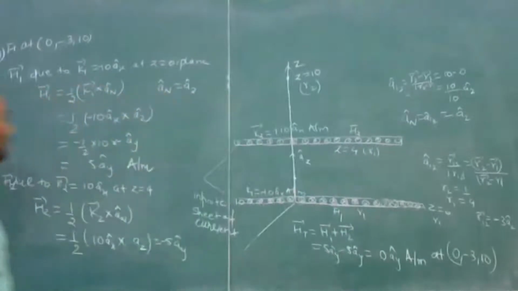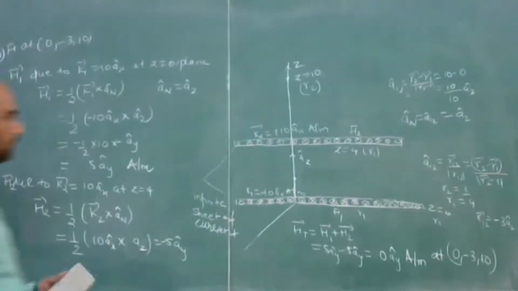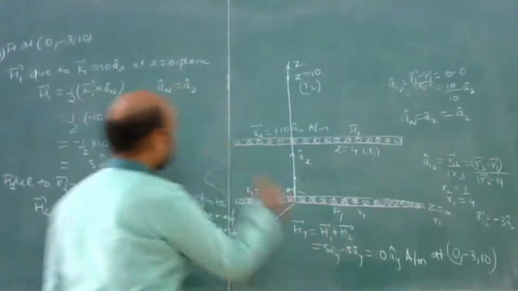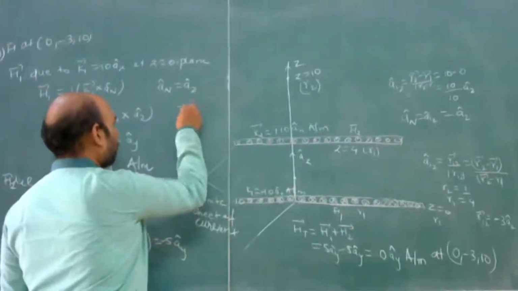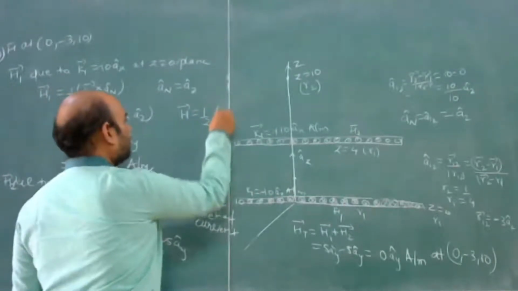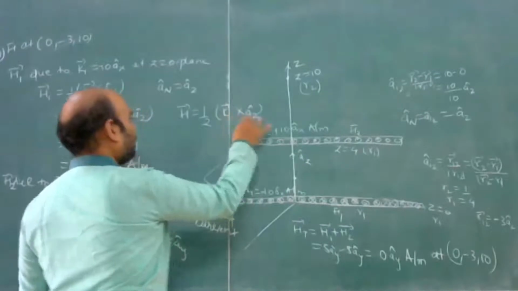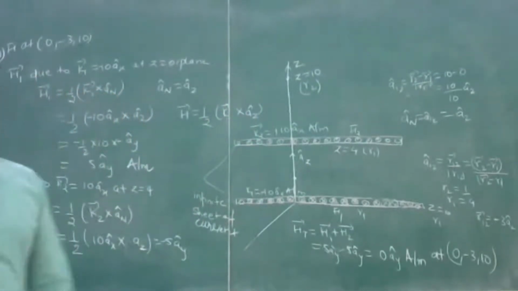So how to solve this problem? You have to remember, whenever an infinite sheet of current is given, you have to apply this formula: H is equal to half K cross An.